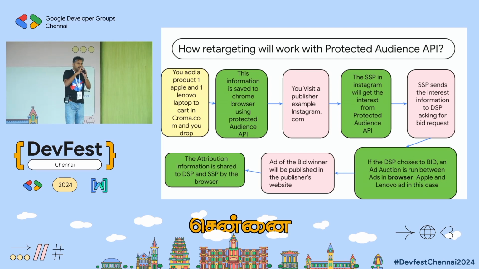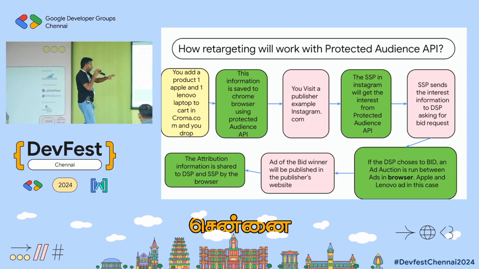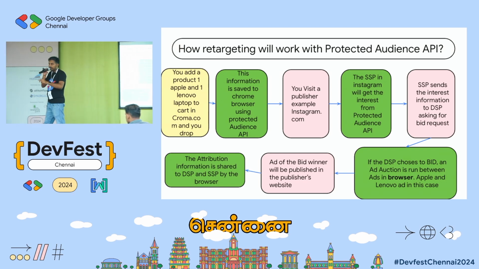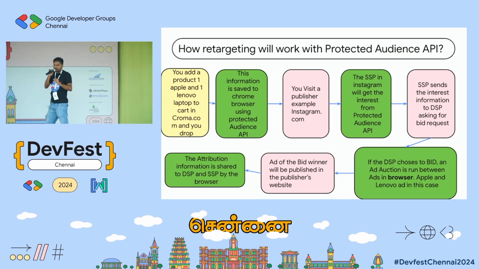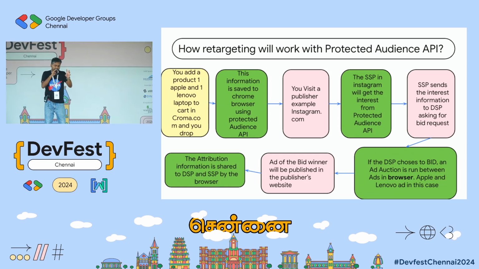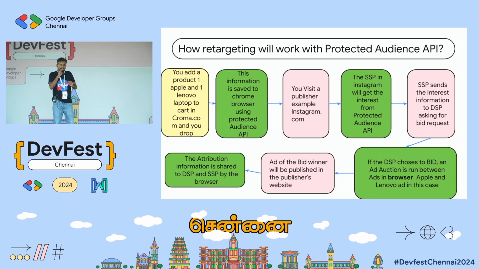Everything happens there, and the browser is the one which decides, based on the acquisition logic and the advertising logic of the SSP and DSP, which advertisement to show you. It shows the advertisement, and it's the browser that anonymously does the reporting of the ad attribution.